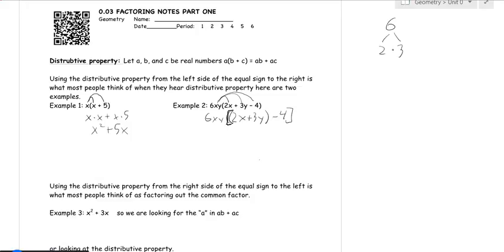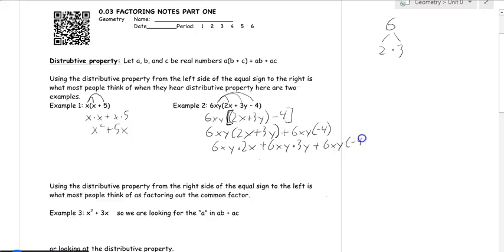The 2x plus 3y is one thing in grouping symbols, so we can multiply the 6xy by it. And the same way with the minus 4. Then you can do the distributive property again. So 6xy times 2x plus 6xy times 3y.